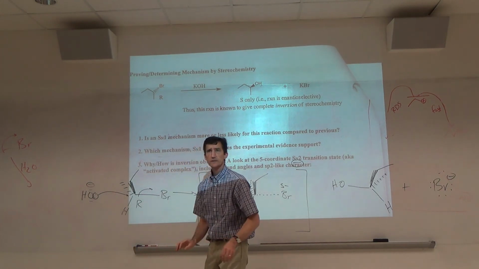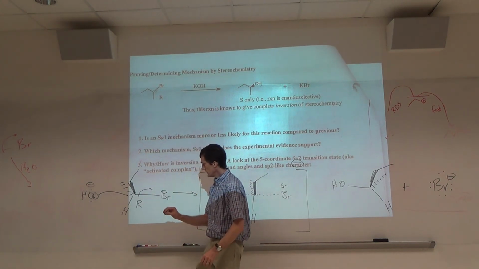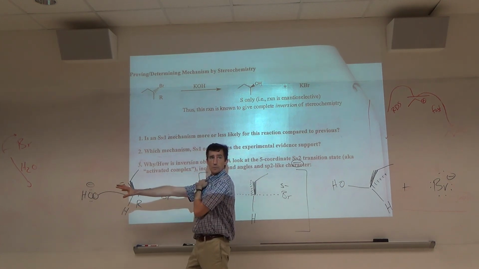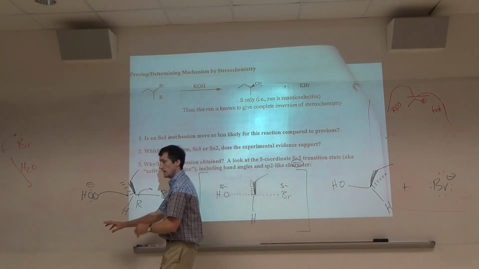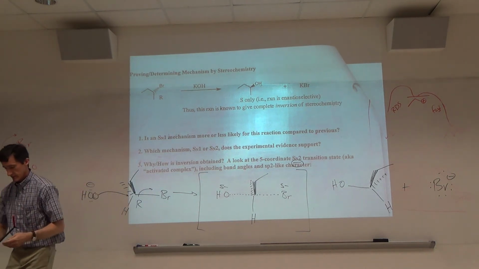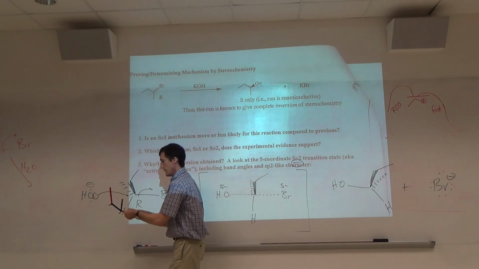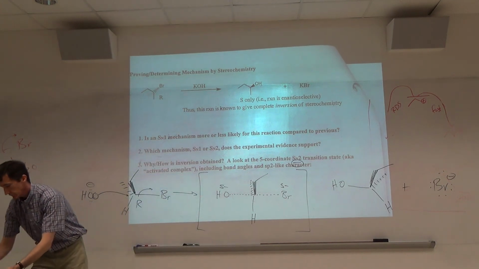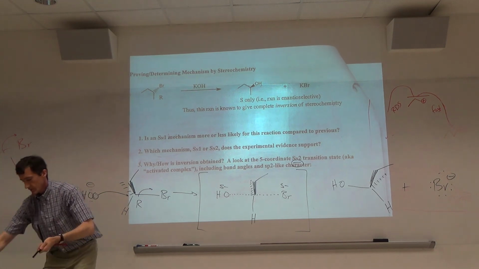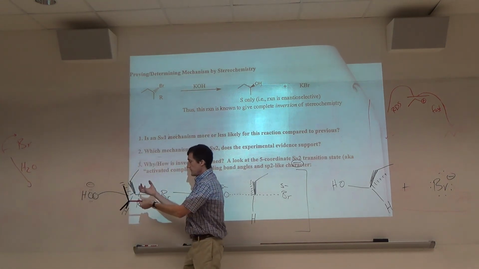And let's look at this to finish up here. Here, pretend over here, this is the bond to bromine. When that's a bond to bromine, same things over there. Bond to bromine here.